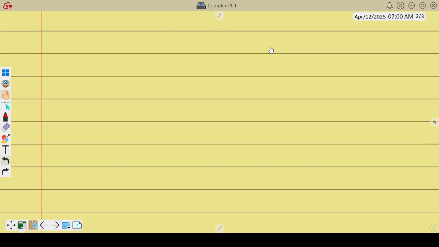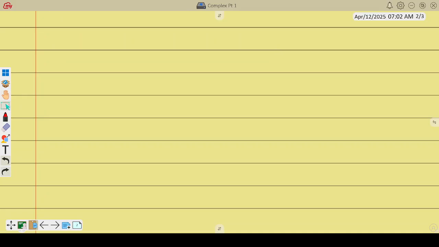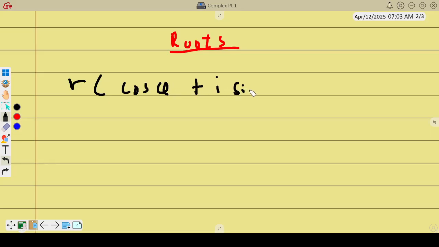Remember, if we have r cos theta plus i sine theta, this is the general expression of a complex number in polar form.